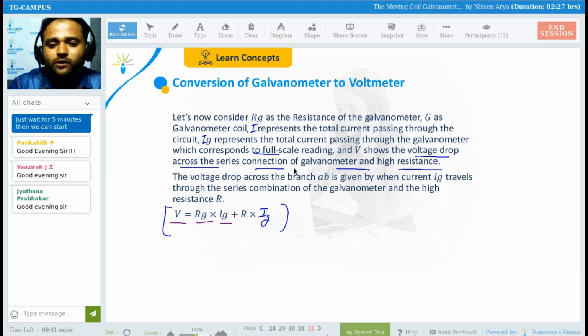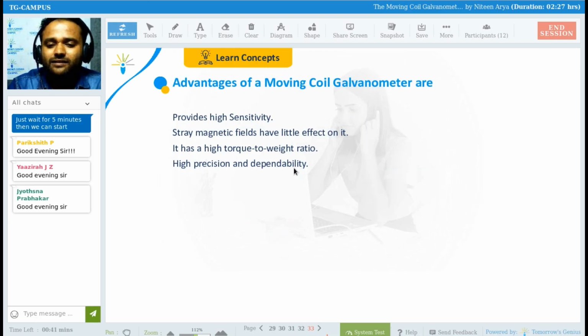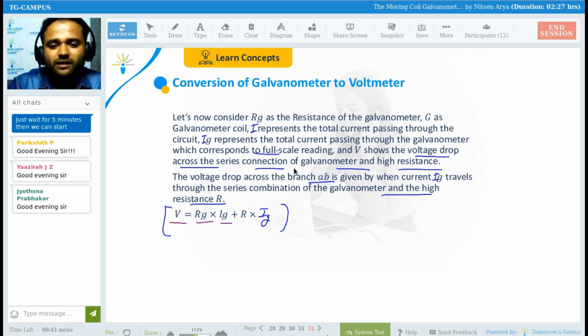The voltage drop across the branch AB is given when current IG travels through the series combination of galvanometer and the high resistance R. This is how you can find the voltage with the use of a galvanometer.